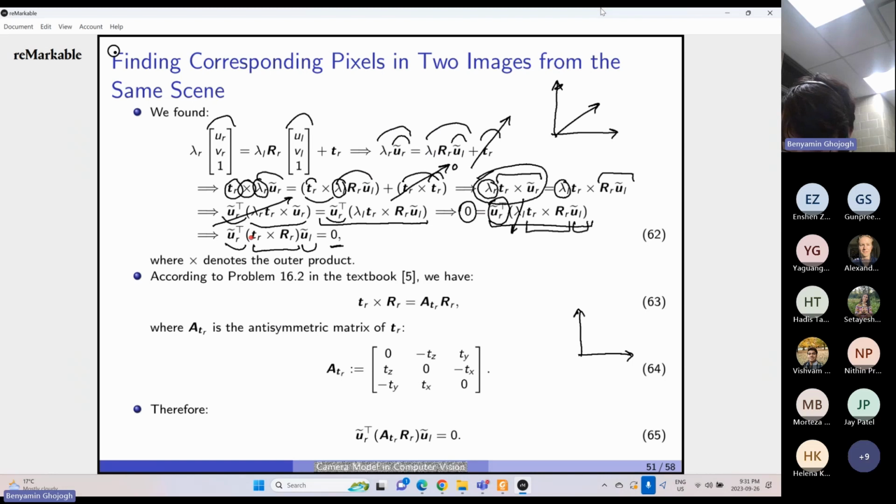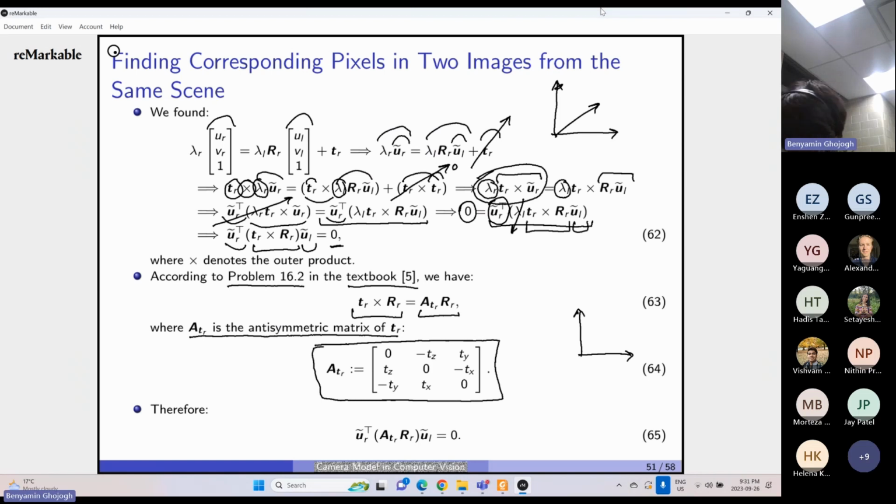Now consider this middle term, TR outer product RR. I just don't prove that. I'm just referring you to some book. According to problem 16.2 in the textbook reference 5, this outer product, you can write it as this matrix multiplication, ATR RR, where ATR is the antisymmetric matrix of TR. It's this.